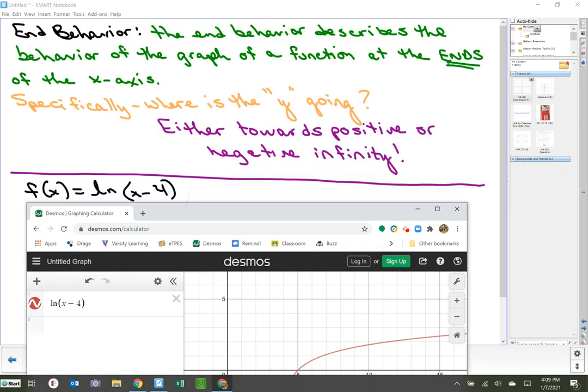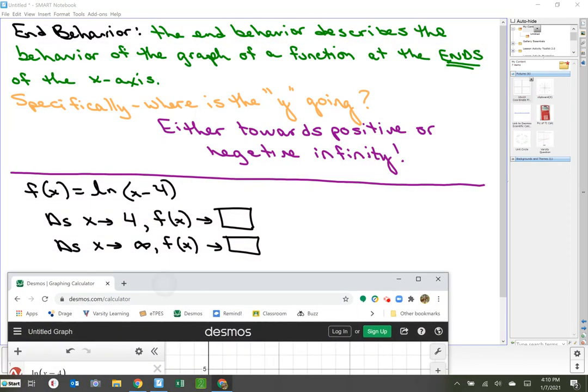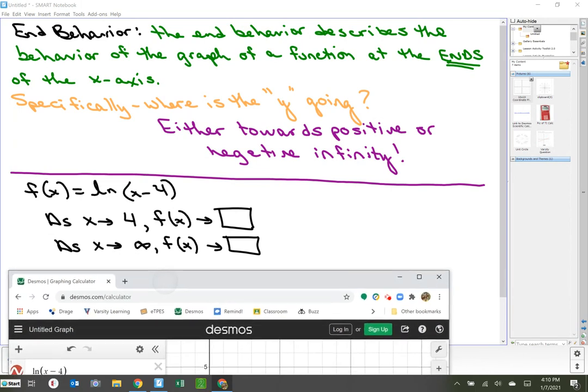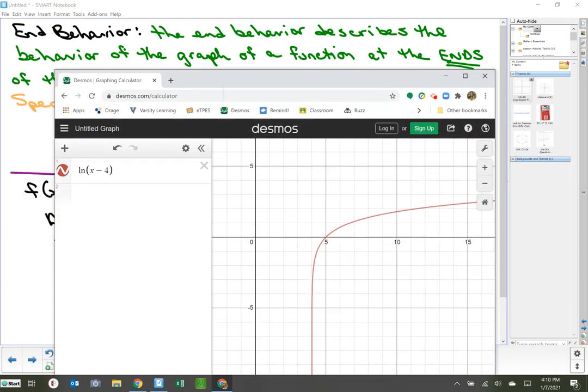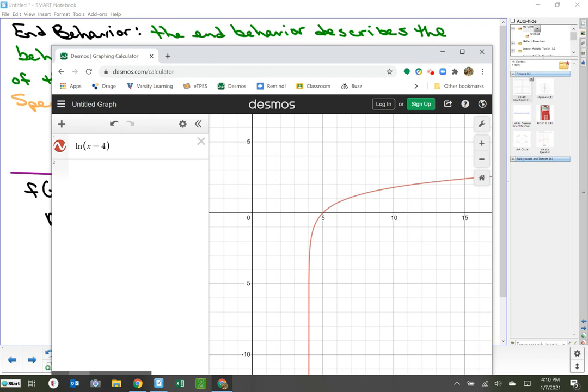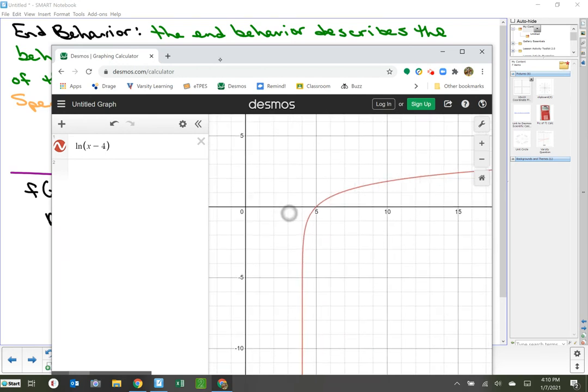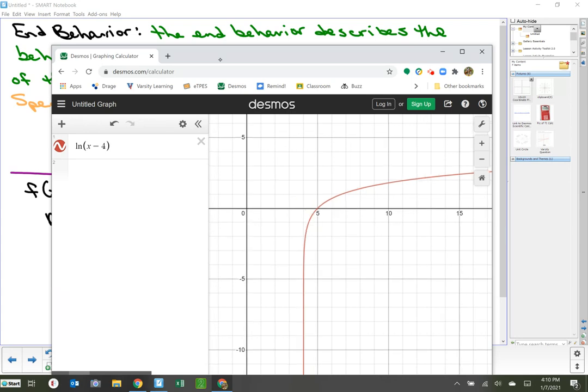So what is happening? As x goes towards 4, what is y doing? That's this question right here. Okay, that's what that question is saying. Well, I don't know if I can write on the Desmos part. No, I can't. As x goes towards 4, that's right here. What is y doing? Well, y is going down, right?